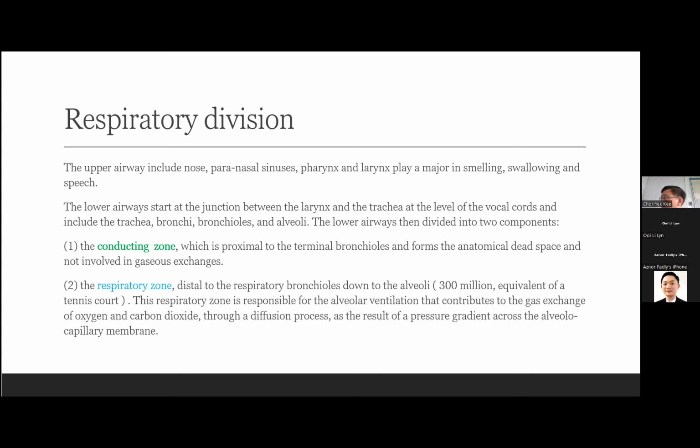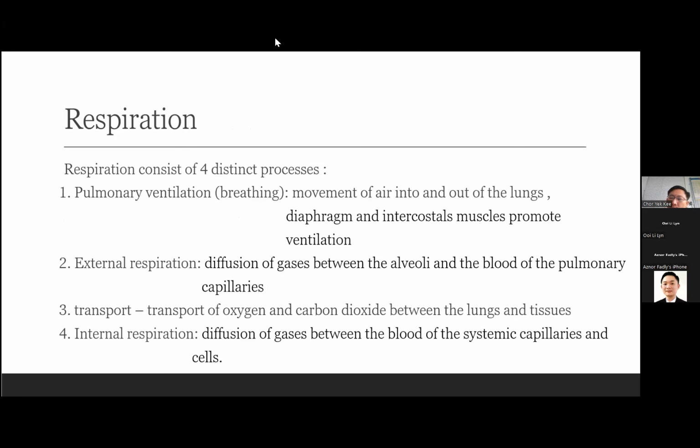The second part is distal to the respiratory bronchus down to the alveoli, called the respiratory zone. This is the zone whereby oxygen and carbon dioxide gas exchange happens. Respiration itself consists of 4 distinct processes. First is breathing, or pulmonary ventilation, which is how air moves in and out of the lungs.